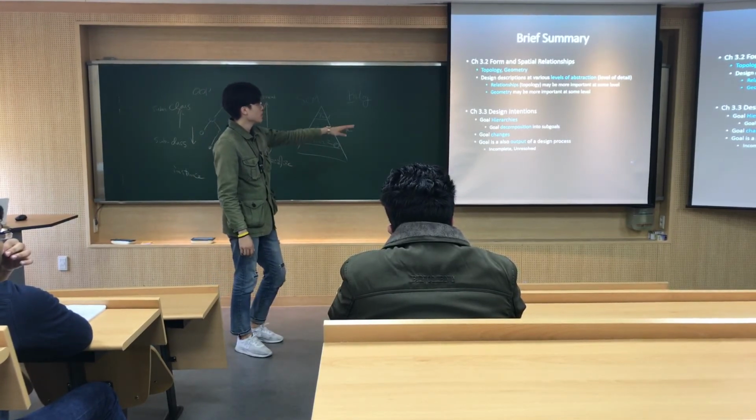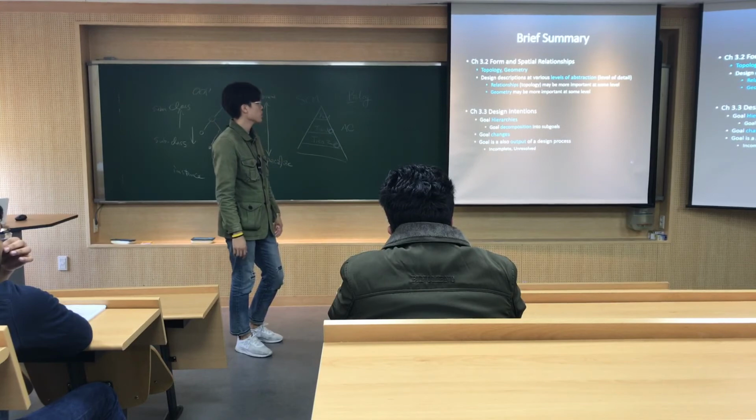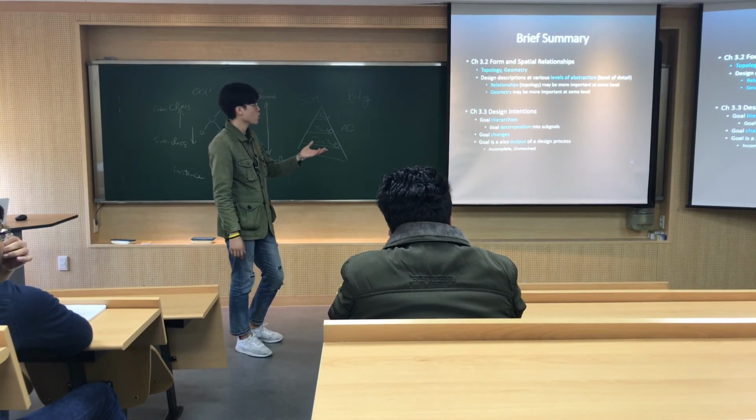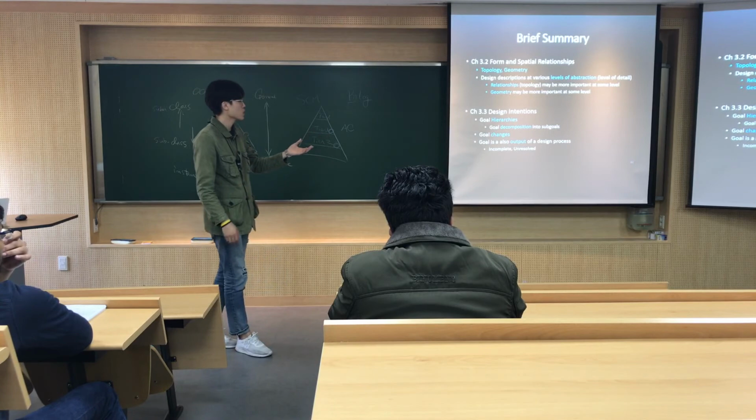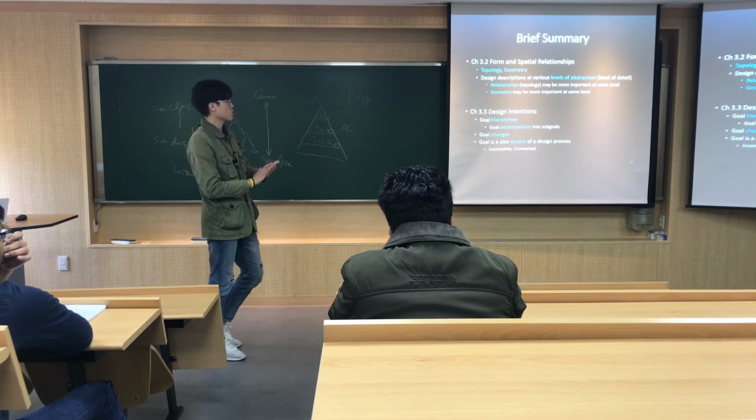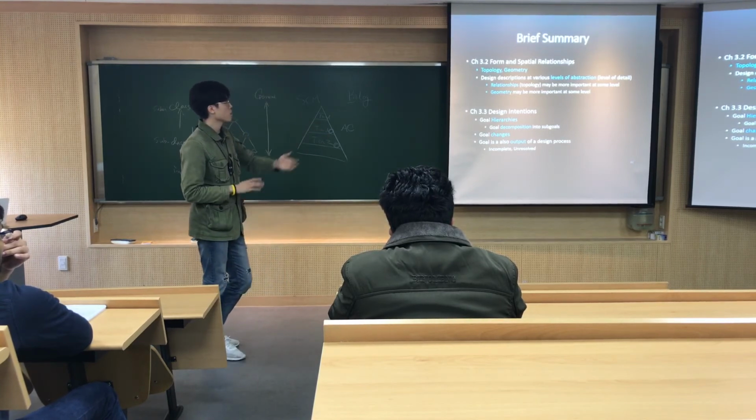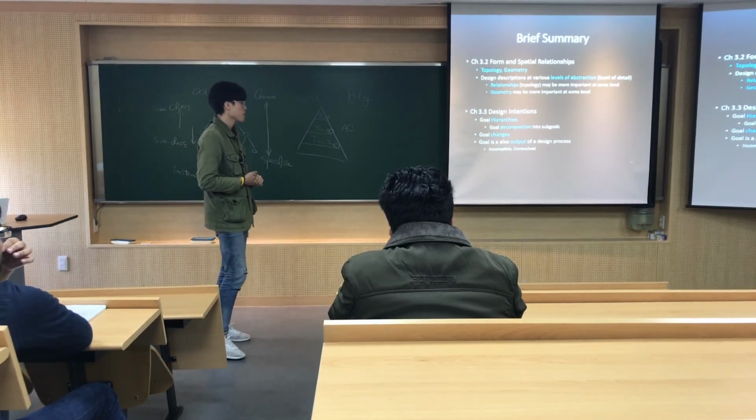And in chapter 3.3, I explained design intentions, especially goals, and goal decomposition. Goal hierarchies can be achieved by decomposition, and goals change. Goals are also output of a design process, but they can be incomplete and unresolved.